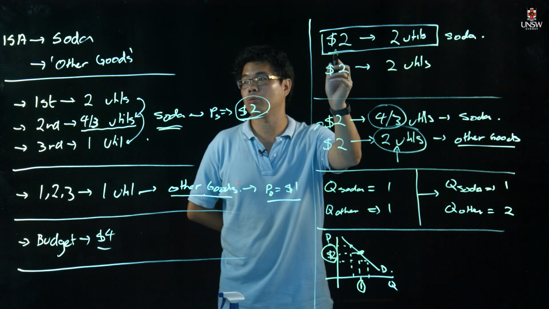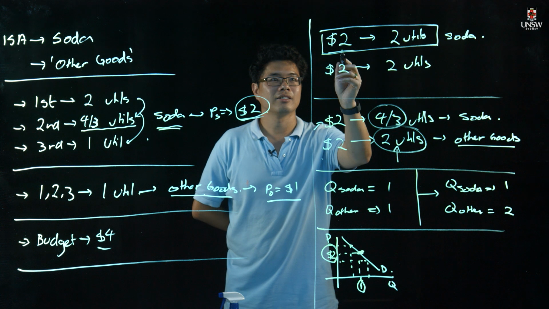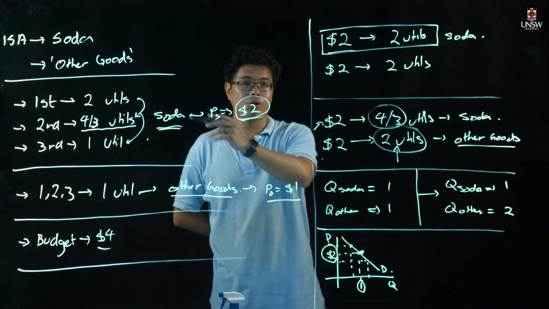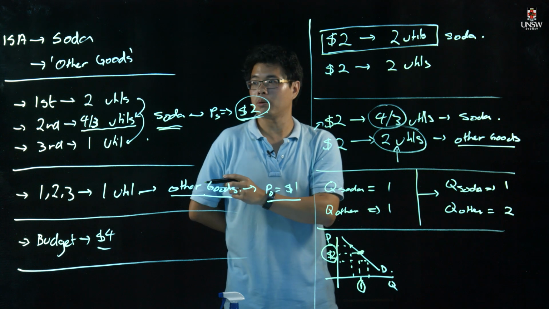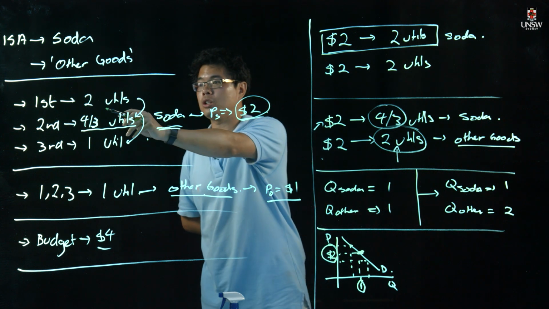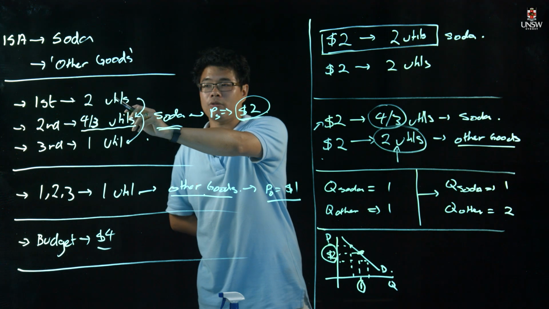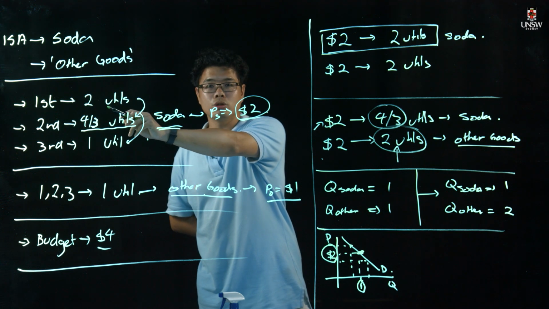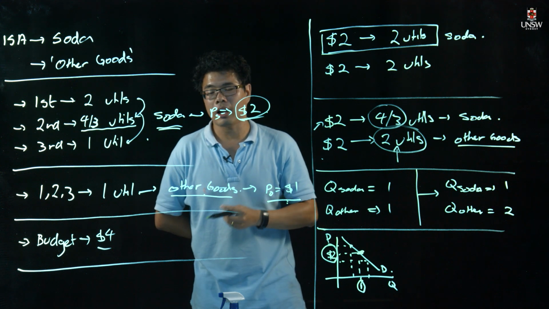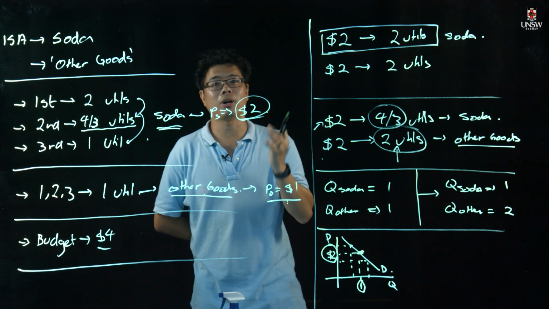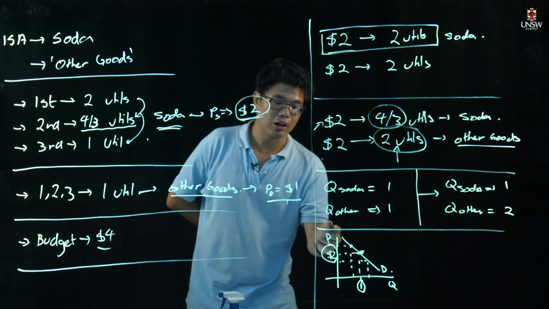What would happen if I were to increase the price? For example, if it were $3, would I necessarily want to consume any soda? Probably not. Because if I were to sacrifice $3, I only get 2 utils. My other goods, being only $1, I would obtain 3 utils. So what's my demand at a price of $3?